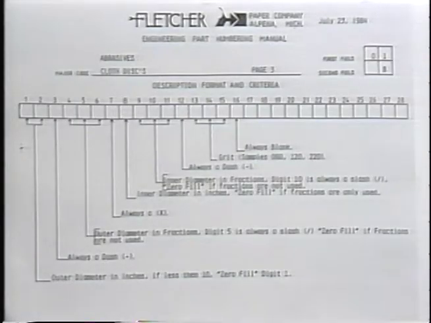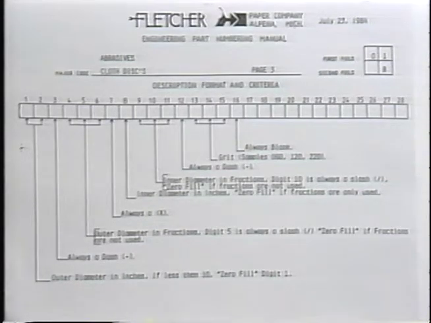Now, if we turn to page number 4, this is the layout for cloth discs. And again, we have 01B, and again, you'll notice all of the definition relative to how the cloth disc is identified.